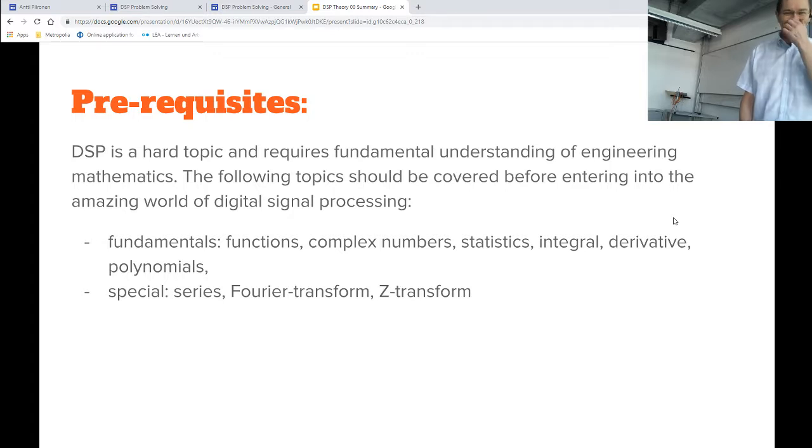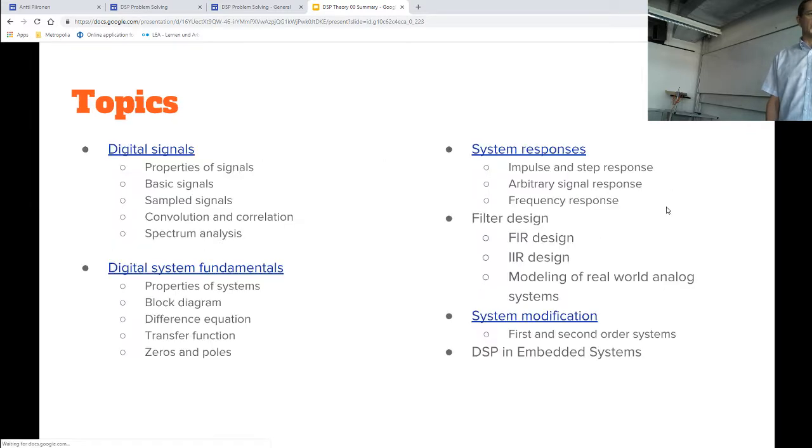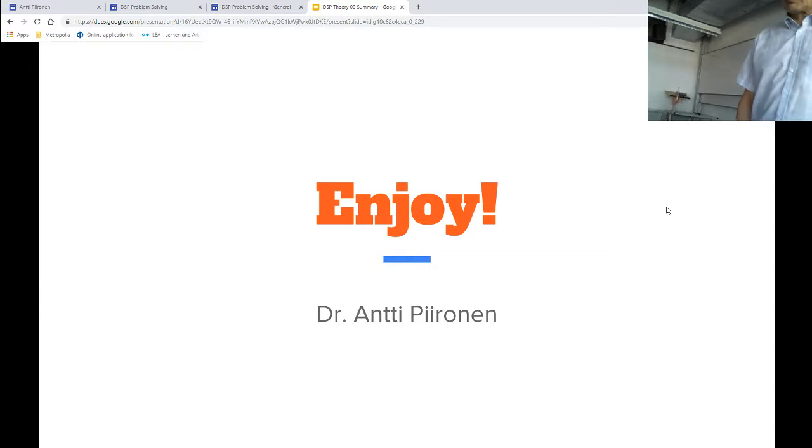Sure, it uses mathematical tools, but it's really a practical kind of thing. And some special tools like Fourier series, Fourier transform, and Z transform to understand the spectrum and time. What is the difference? Not much. Topics, yes, we will cover those.